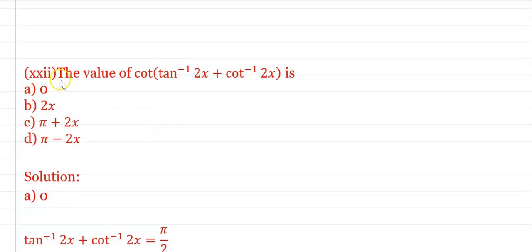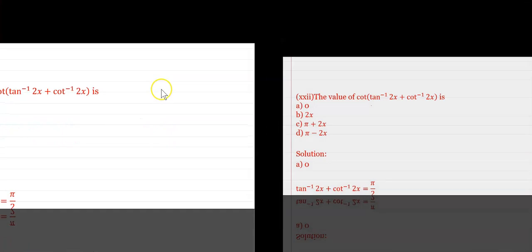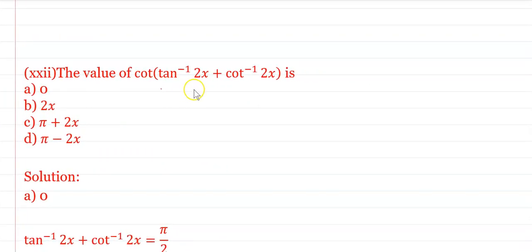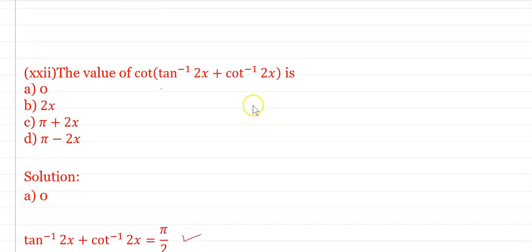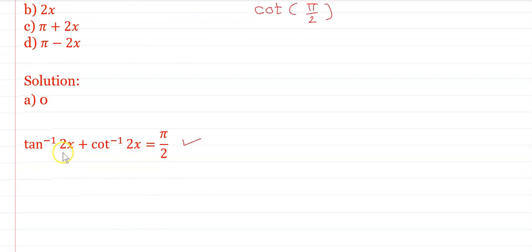Now the next, the value of cot of tan inverse of 2x plus cot inverse of 2x is, okay. We know that tan inverse of x plus cot inverse of x is equal to pi by 2. By using this result, tan inverse of 2x plus cot inverse of 2x is equal to pi by 2.